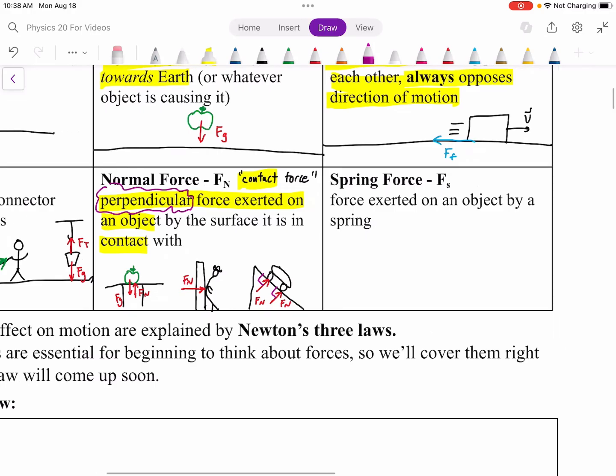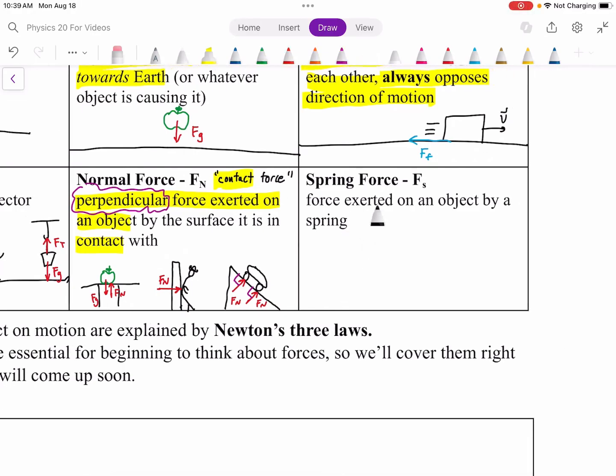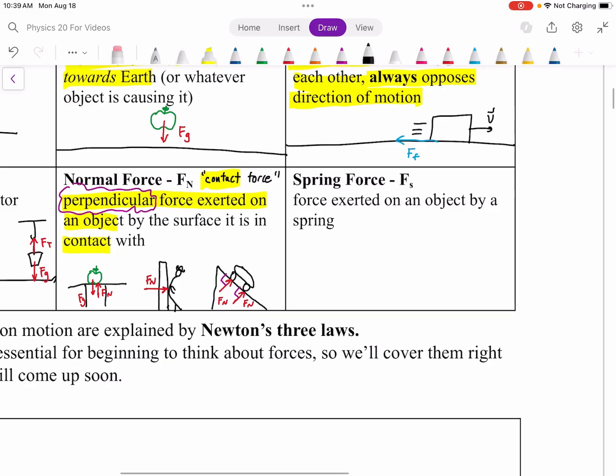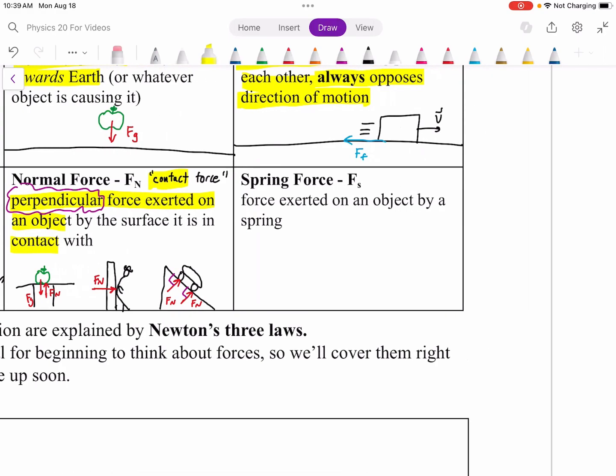And another force we'll see in Physics 20, a little bit more in Unit C and D, but it can pop up in Unit B as well, is the spring force. Now this is just the force that is involved whenever we stretch or compress a spring, right? If you've ever stretched out a spring, it wants to pull back to its original shape. That's the spring force in action.